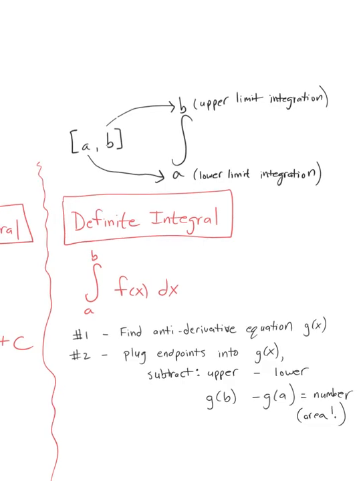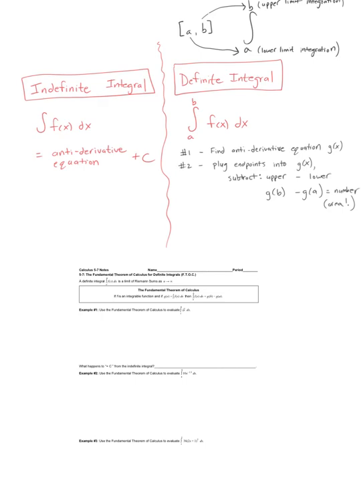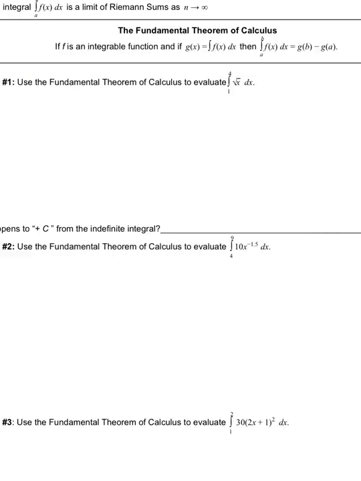So that's the biggest difference. For an indefinite integral, your answer is an equation plus c. For a definite integral, your answer is an actual number, that is an area. To help you understand the calculus notation, inside of this box, this is the notation for antiderivative, and we are calling that antiderivative g of x.